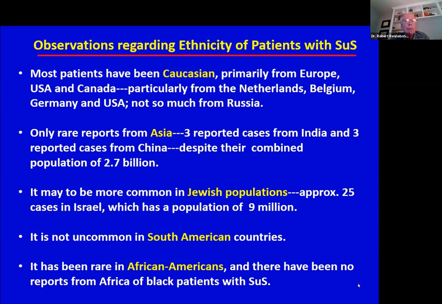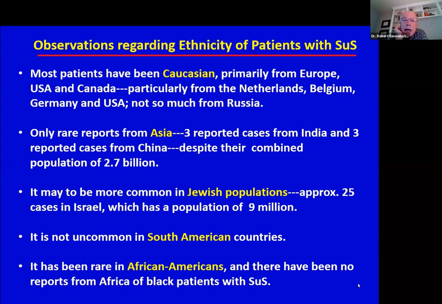Some further words about the ethnicity of patients. Most patients have been Caucasian, primarily from Europe, the United States, and Canada, particularly from the Netherlands, Belgium, Germany, and the United States, not so much from Russia for some reason. There have been only rare reports from Asia, 3 reported cases from India and 3 reported cases from China, despite their combined population of 2.7 billion people.